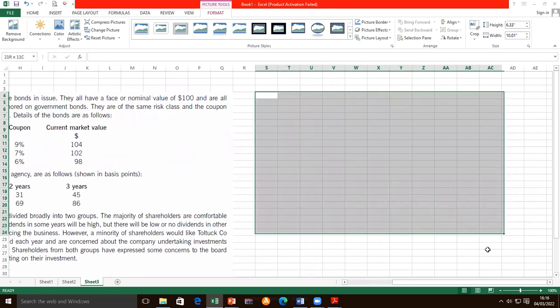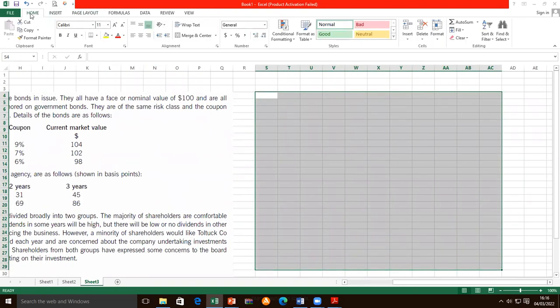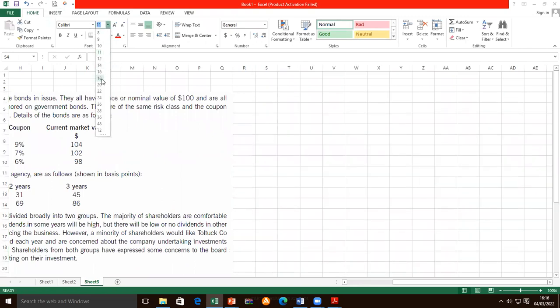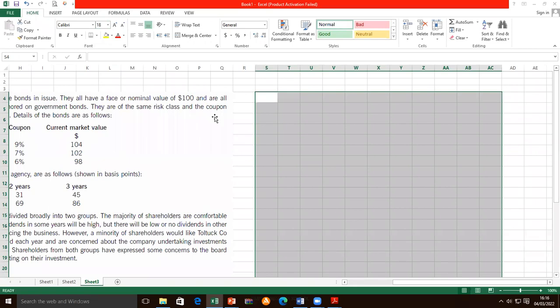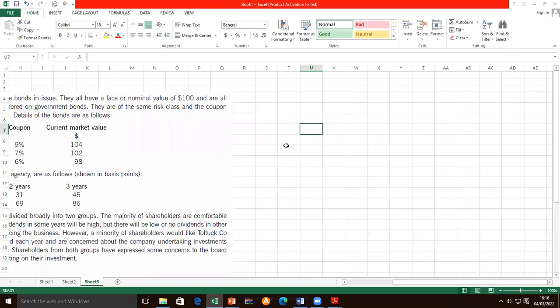Other members of the house, what did you manage to do with the data that was given? So you're supposed to find the spot yields, find the discount rates. So let's go.